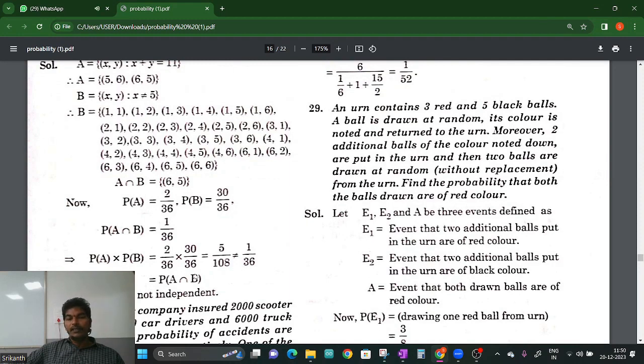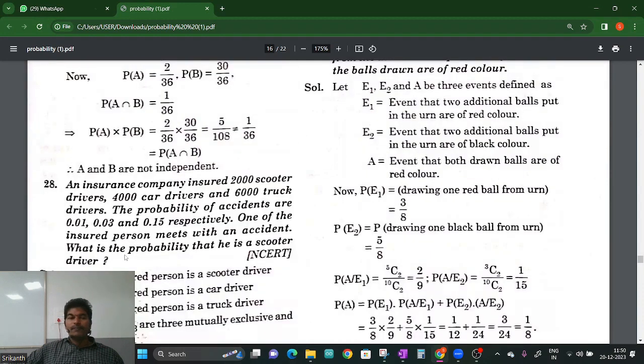P of B is 30 out of 36. This will be how much? 5 out of 108. So finally, P of A intersection B is equal to P of A into P of B, so you can confirm that A, B are independent events.